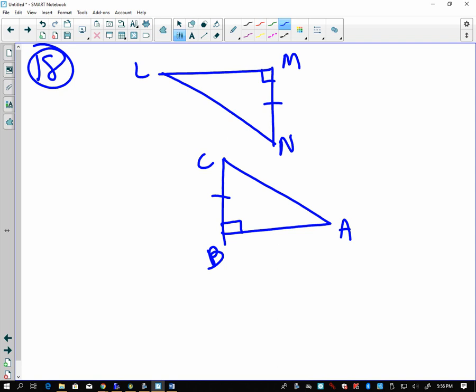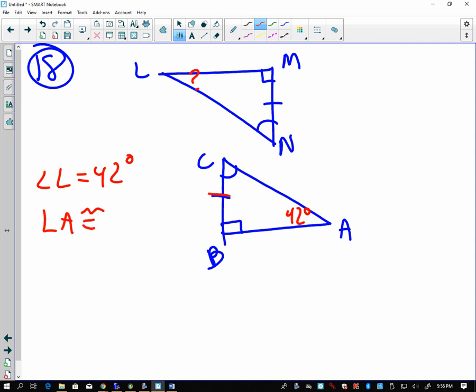And they say that angle C is congruent to angle N. If we know that angle A is 42 degrees, what is angle L? The answer is angle L equals 42 degrees because these two right triangles are congruent using leg-angle congruency.